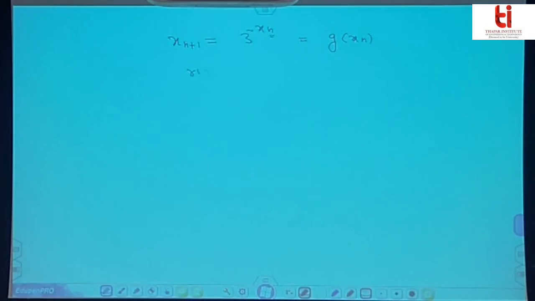The right hand side is known to us, for that we assume some initial guess, then only we can compute the left hand side. So we'll take the value of n as 0, 1, 2 and so on, depending on the desired accuracy. Putting n equal to 0, we get x1 equal to g of x0. We require x0, which is called the initial guess.